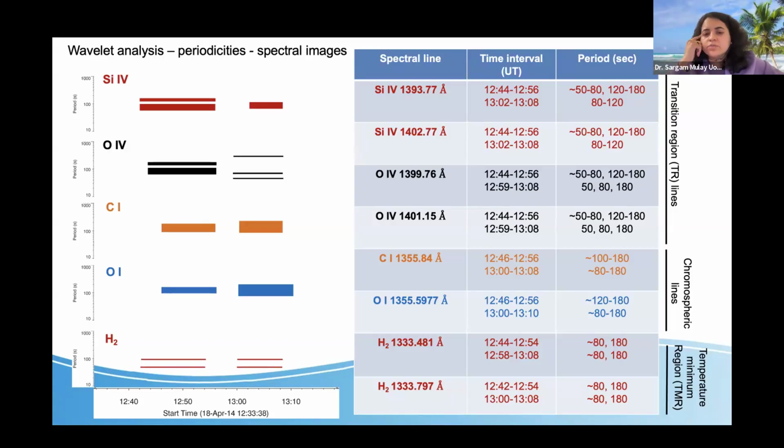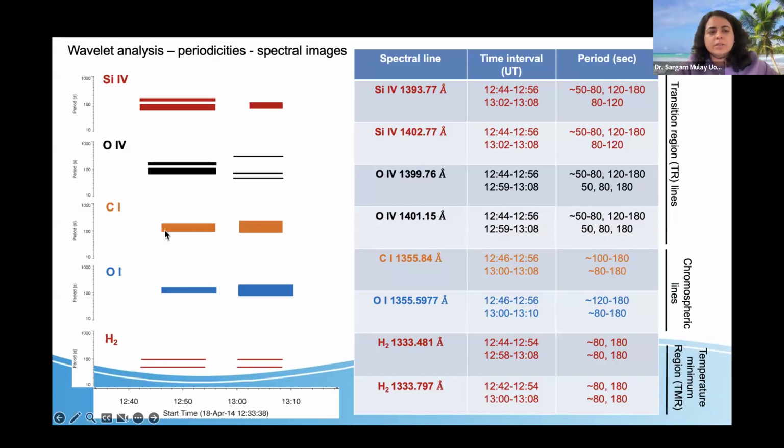In case of oxygen 4, we have seen three different periods during the decay phase, around 50 seconds, around 180, and 180 seconds as well. The interesting thing here is to note that along the y-axis we have periods, and along the x-axis there is time.